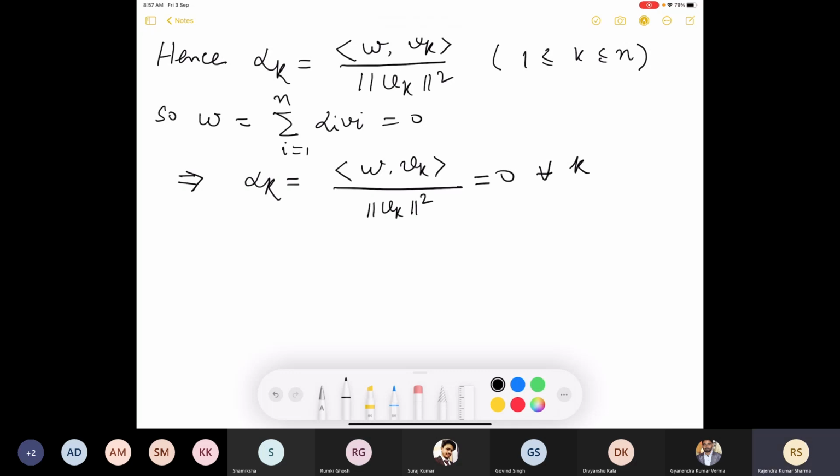Now norm Vk square is not 0, so this division is permitted. So each coefficient is 0. So that makes V1, V2, up to Vn linearly independent over F. That's what we wanted to prove.